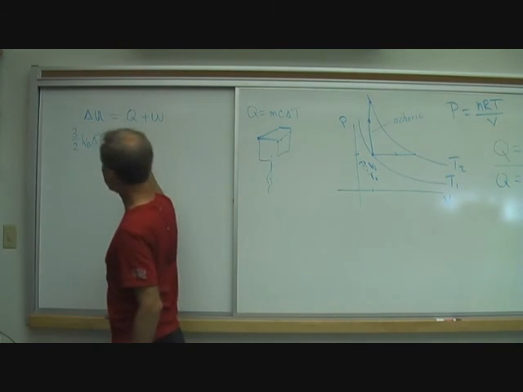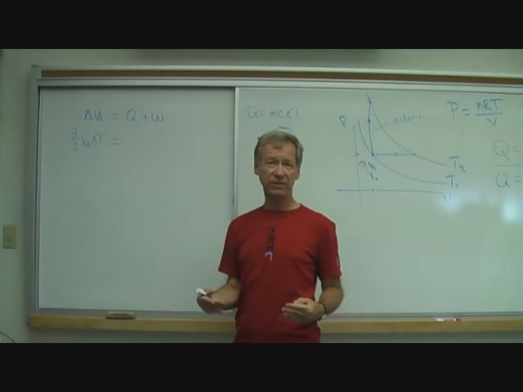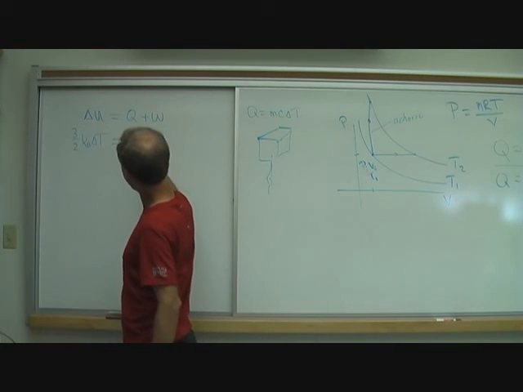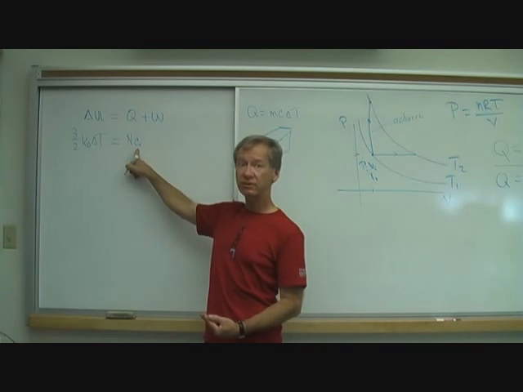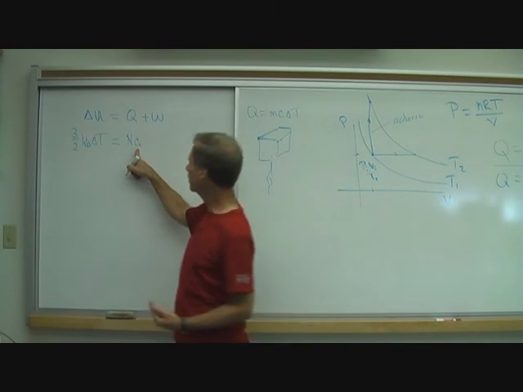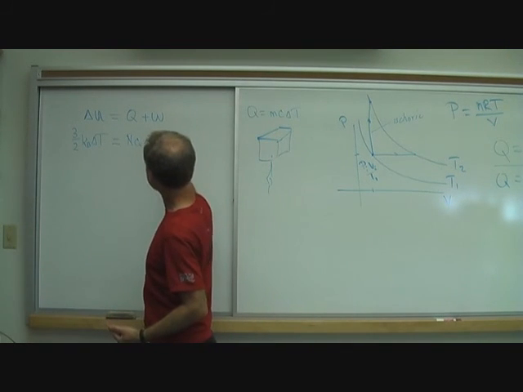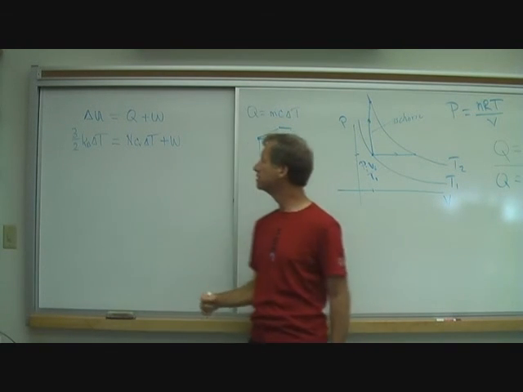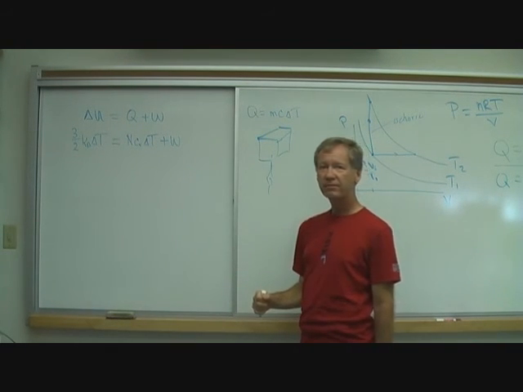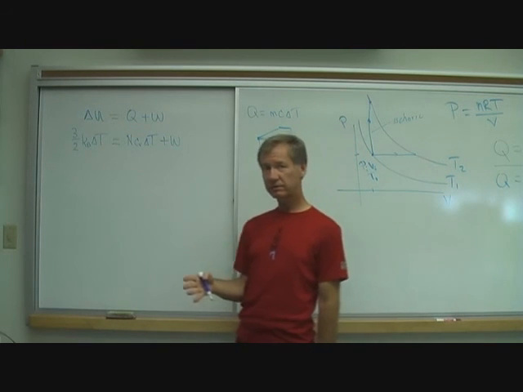Well, that was the specific heat deal, right? So that's N C sub V, for specific heat at constant volume, times delta T, plus the work done to the gas, right? Maybe you see where this is going.